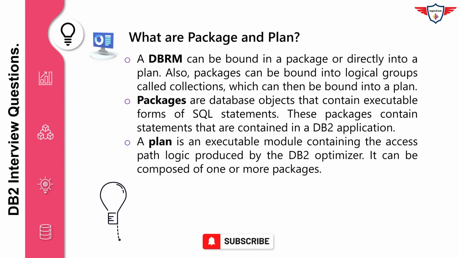These packages contain statements that are contained in a DB2 application. A package corresponds to a program source module. Packages and their descriptions are stored in the DB2 catalog and directory tables. A plan is an executable module containing the access path logic produced by the DB2 optimizer. It can be composed of one or more packages.